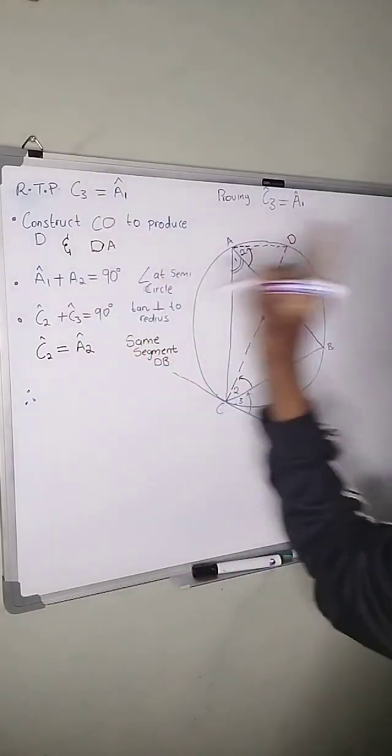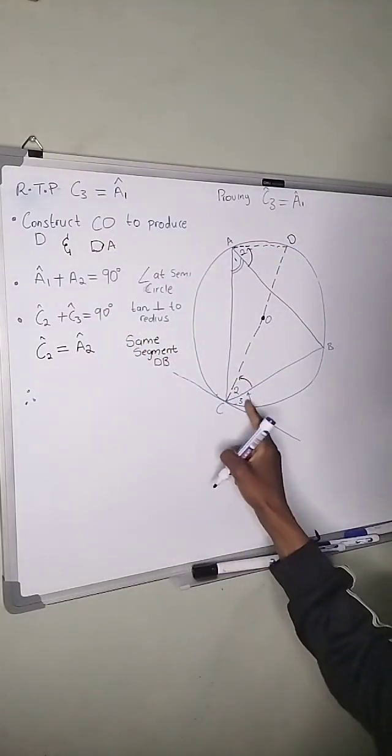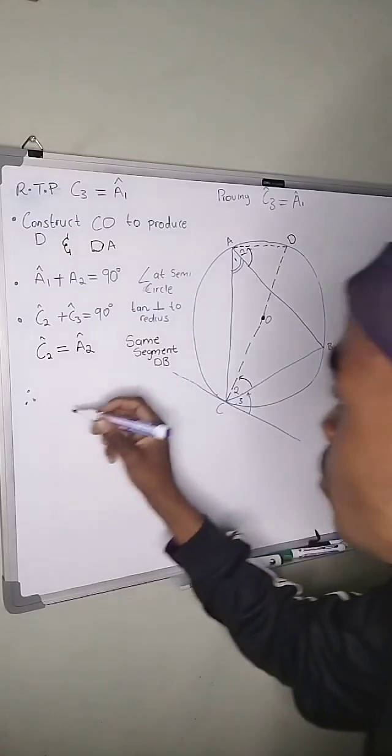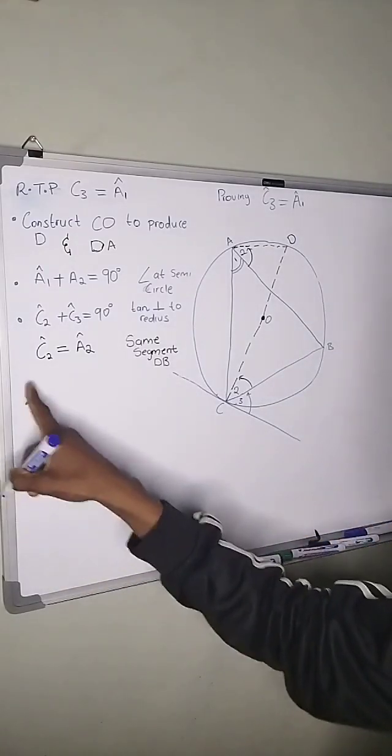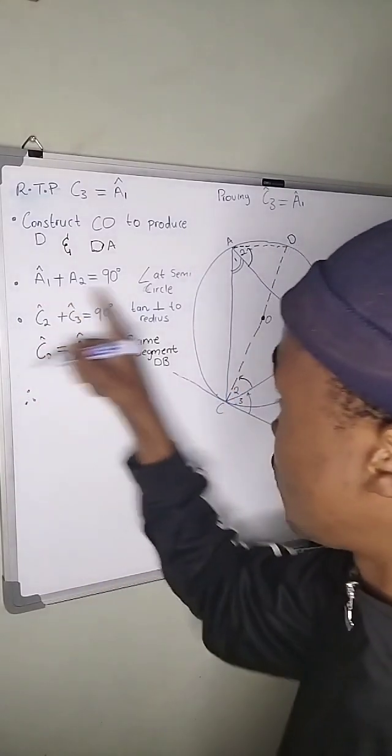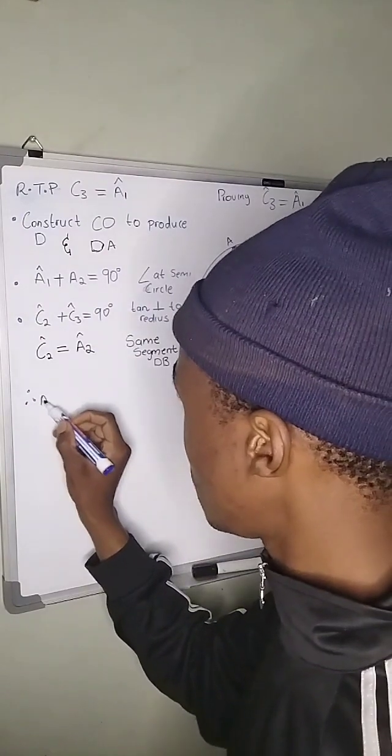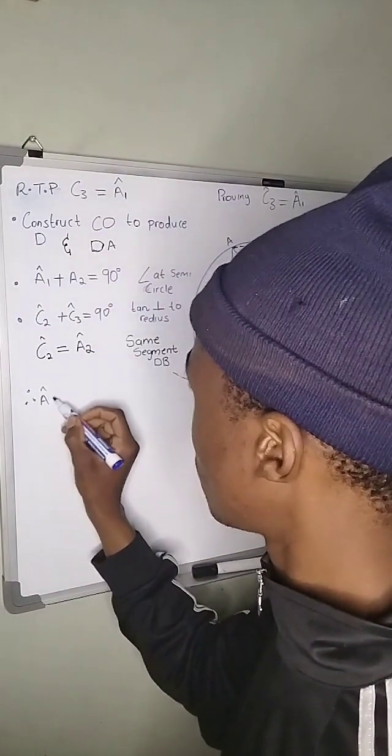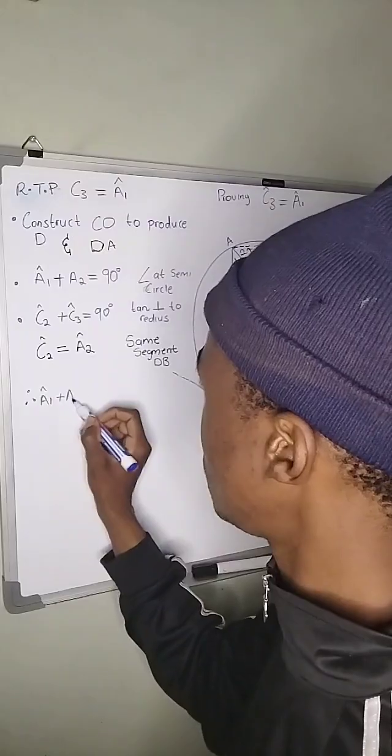I'm proving C3 is going to be equal to A1. So therefore, I'm writing the first statement, A1 plus A.